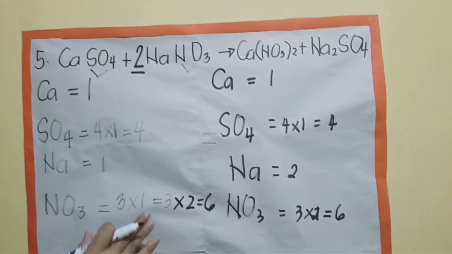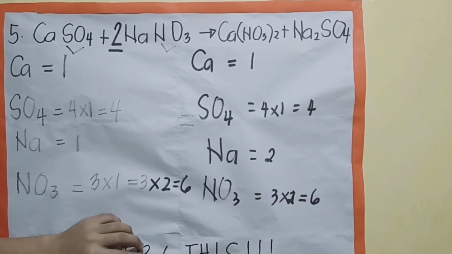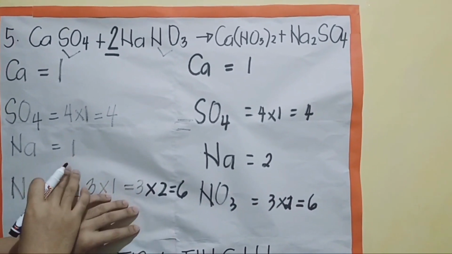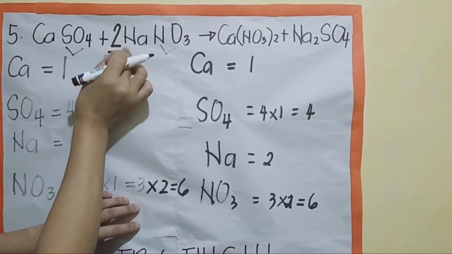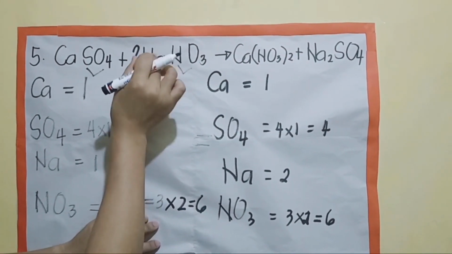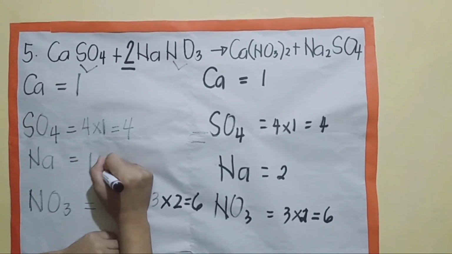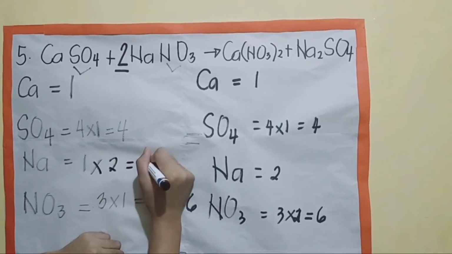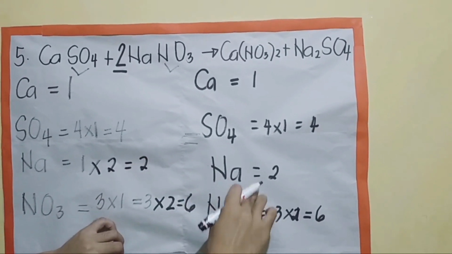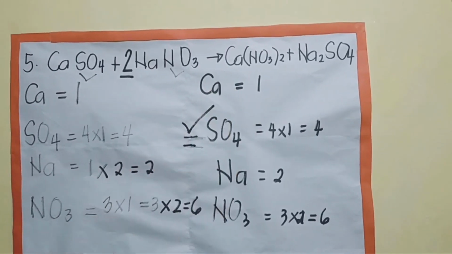So the number of nitrate at both sides is 6. And then, since we write 2 here, the number of atoms of sodium will become 2, which is equal to the right side. So the chemical equation is balanced.